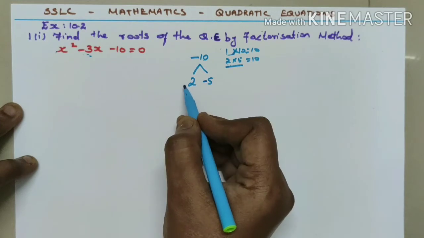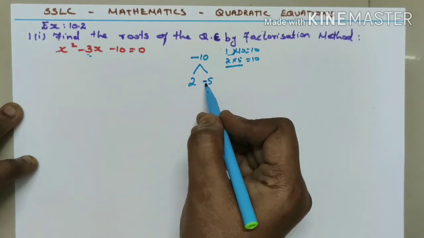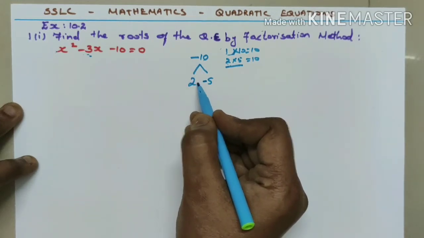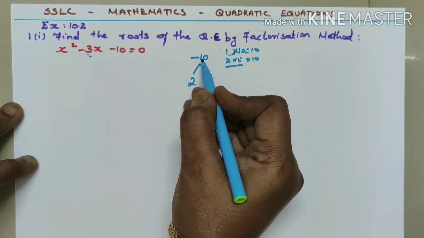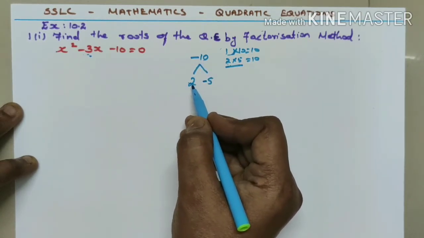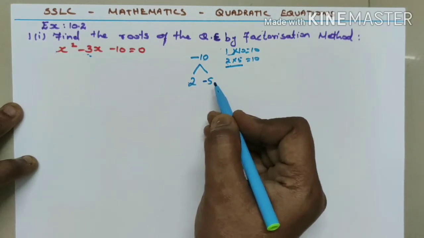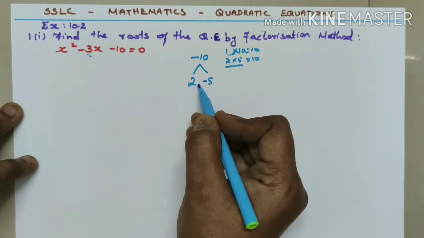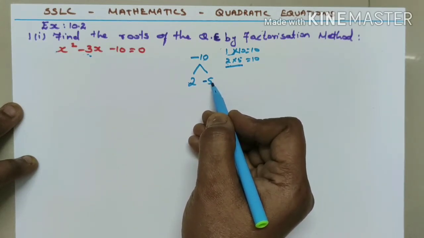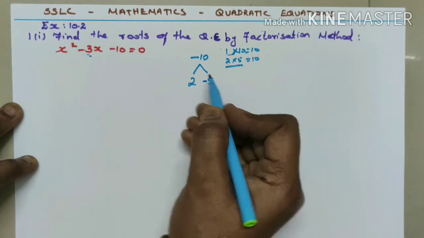Is it clear, children? Now once again check it. Plus into minus, minus 2 fives are 10. That means if you multiply you should get minus 10 as the answer. If you add or subtract, here you are going to subtract because this is positive 2 and this is negative 5. If you subtract the numbers and put the sign of the greater number, the answer will be minus 3.